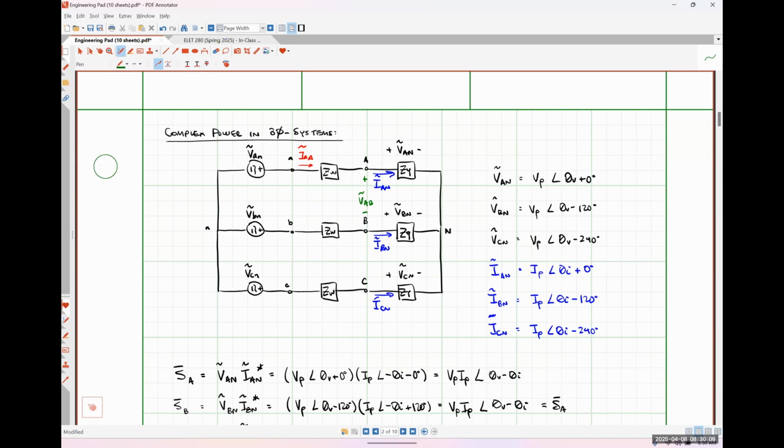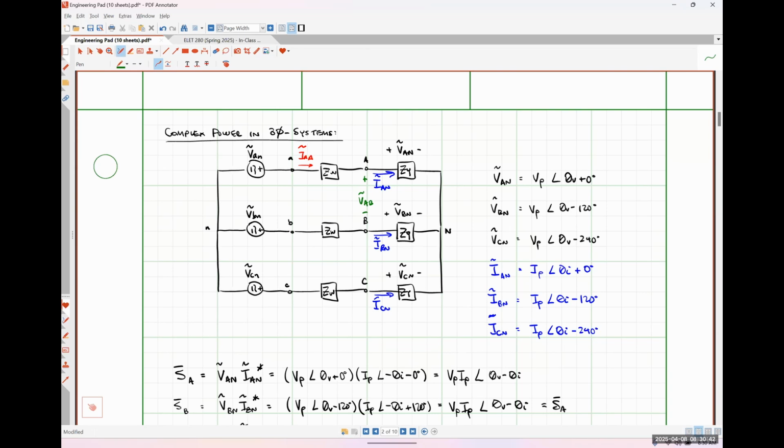Square root 3 angle 30, right? So VAN multiplied by root 3 angle 30 gives us VAB. So the magnitude of VAN, which is VP, if I multiply that magnitude by the square root of 3, I will get the magnitude of VAB, right?